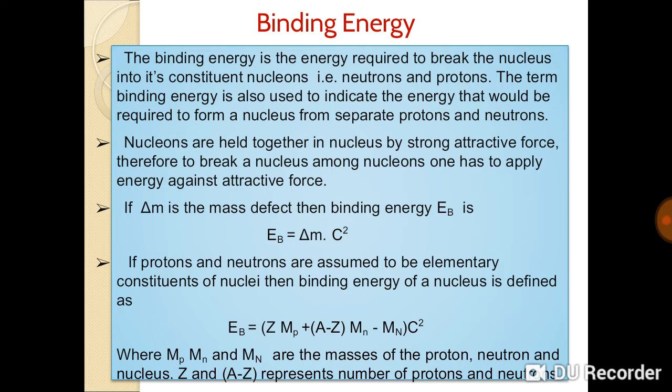If delta M is the mass defect, then binding energy E_B is equal to delta M times c square.